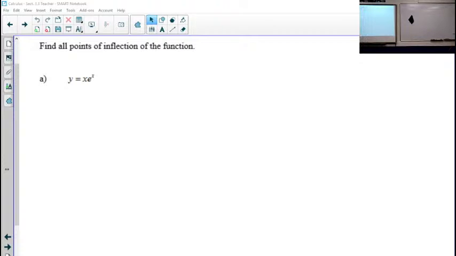So for now, we're going to move on to y equals x e to the x. And as we're doing this problem, start to build in your head what this is going to mean for what the graph is going to look like.